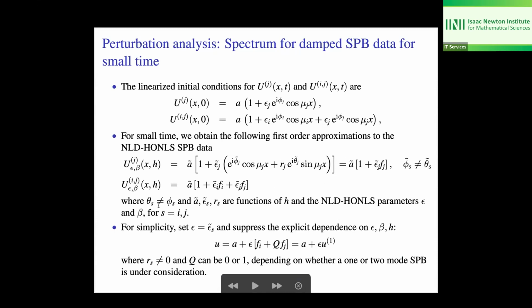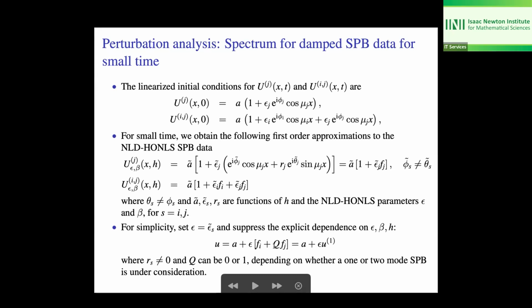An important point of the form of the data is that the thetas and the phis are not equal. And all of the coefficients are functions of H and of the nonlinear damping parameters epsilon and beta. So for simplicity, we set epsilon equal to epsilon sub s tilde, and we suppress the explicit dependence on epsilon, beta, and H, and we have initial data of this form.